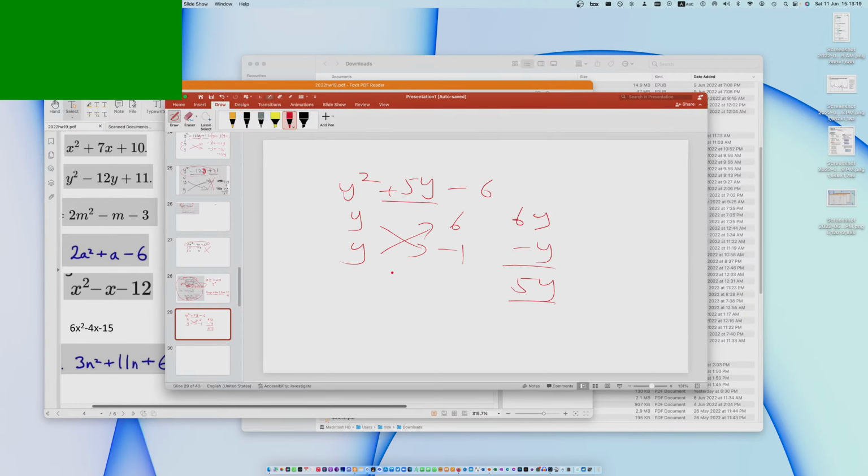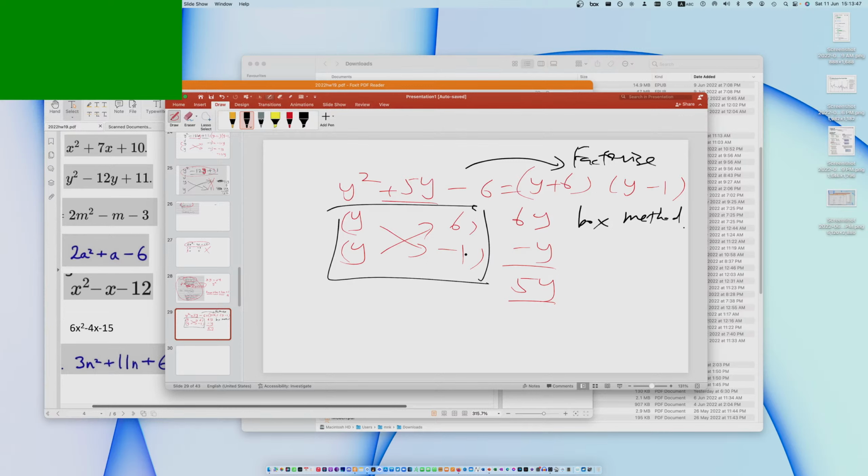Yes, you need to get 5y. So the answer is y plus 6, y minus 1. This is the factorized. This factorization method is called the box method. You see it as a box.